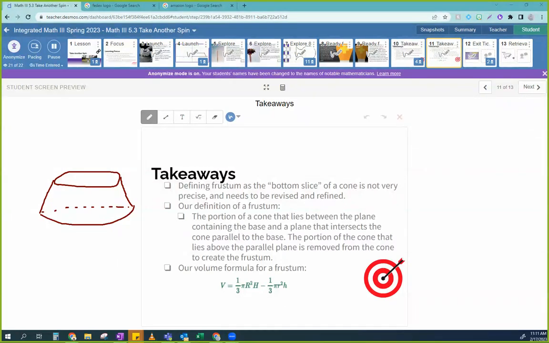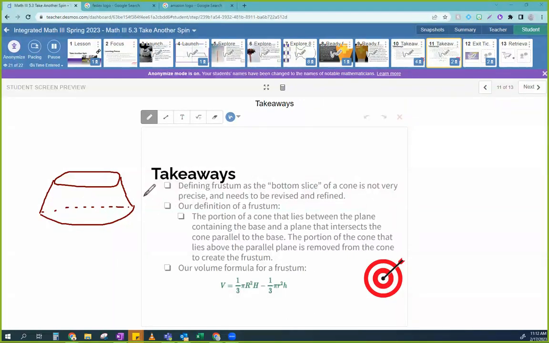How would you describe it? Very good. If you do the cross section, it's the base of a triangle. Very good. The cross section is a triangle.